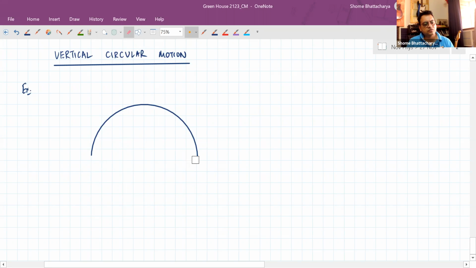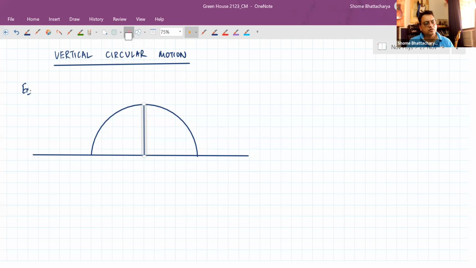We have a hemispherical surface which is smooth. And on that surface, we release a particle by giving it a very gentle push at the top. There is a particle P sitting at the top of this smooth hemispherical surface.